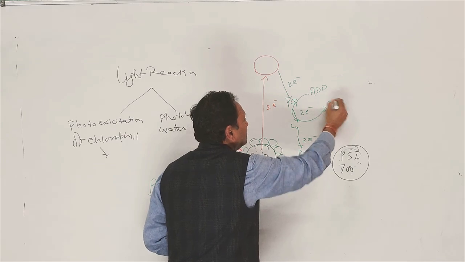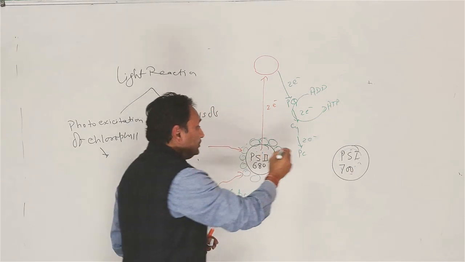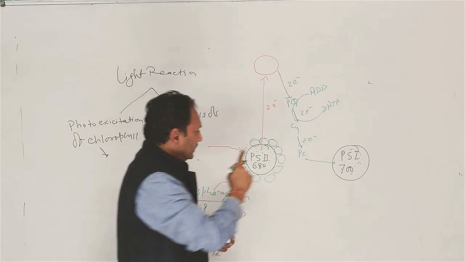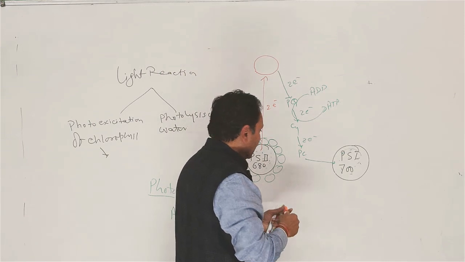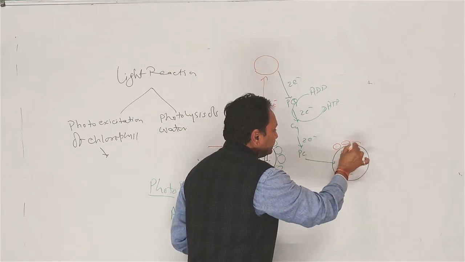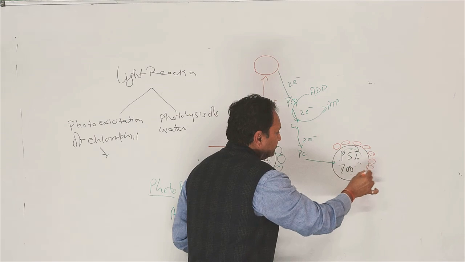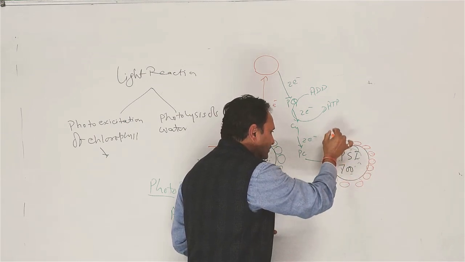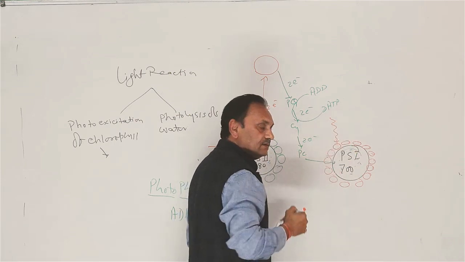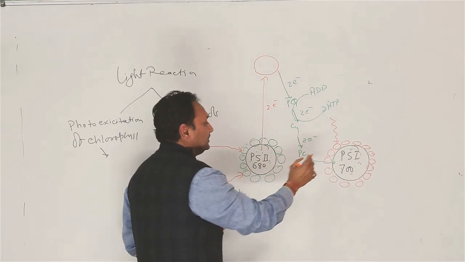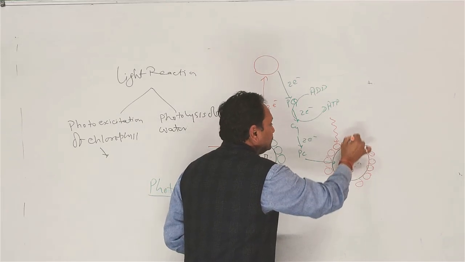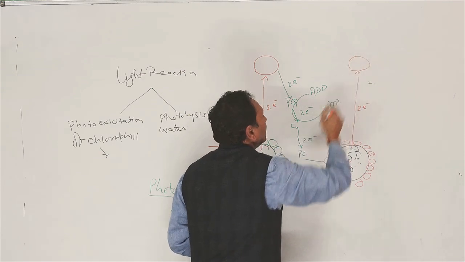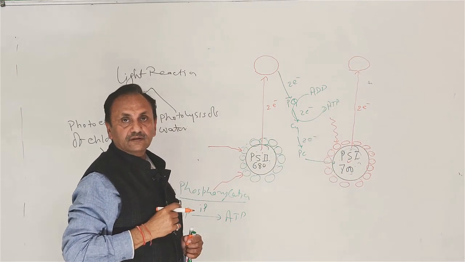Now, this electron moves to PS1. Here also so many accessory pigments are present. The accessory pigments receive the solar radiation, and the same function happens here: excitation of the chlorophyll to release a pair of electrons, which is received by the electron receptor center.